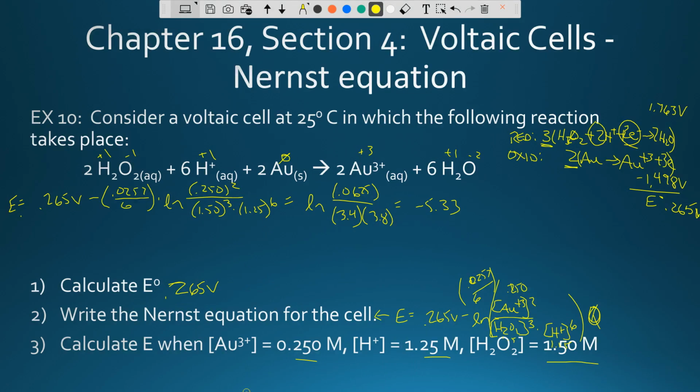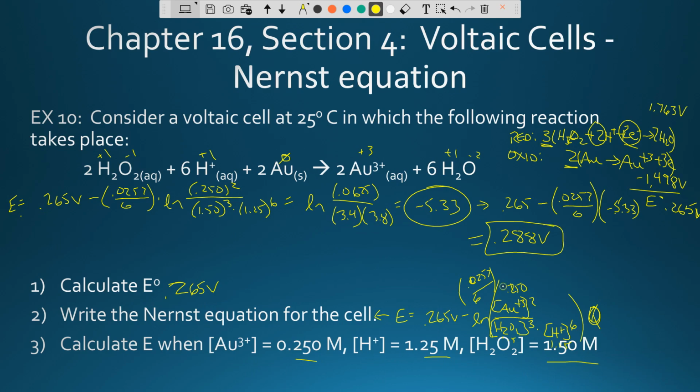Now we can get a negative 5.33. Okay, so that's all my Q value right there, done. And so now I can clean this all up, and I end up with 0.265 minus the 0.0257 over 6 times the negative 5.33.